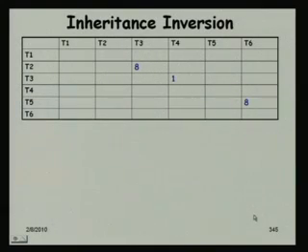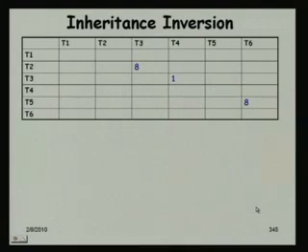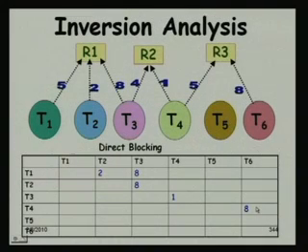Now, what about the inheritance inversion? I do not have the diagram here, so just check: what will be the inheritance inversion for T1? Nothing. T1 will not undergo inheritance inversion. What about T2? T2 is also not involved.